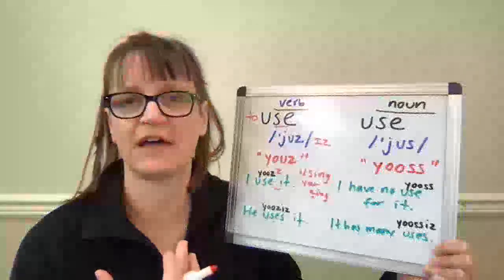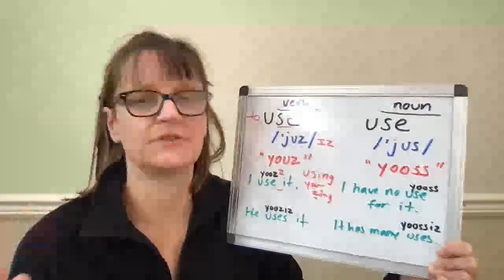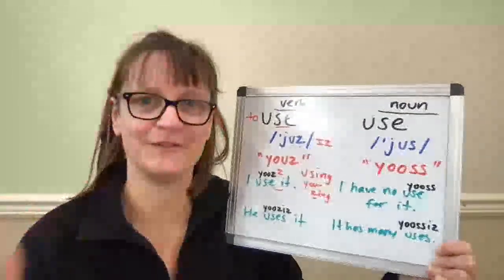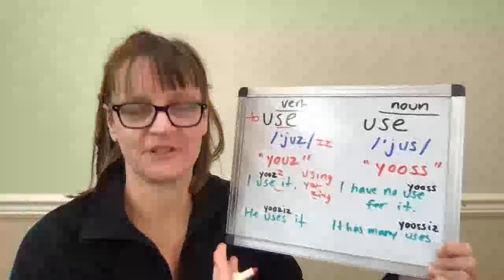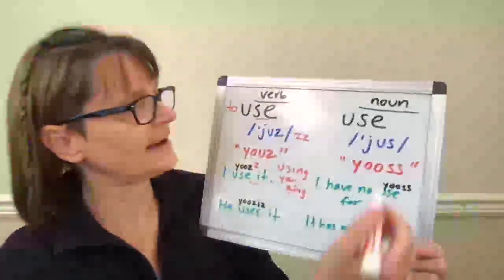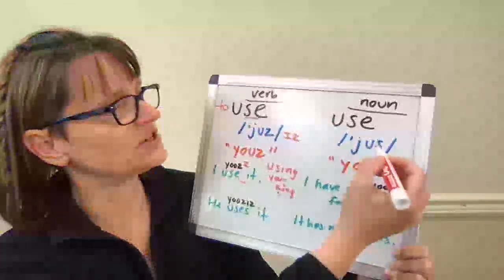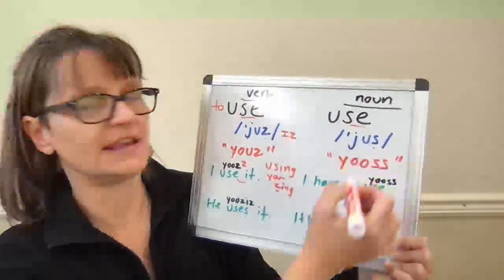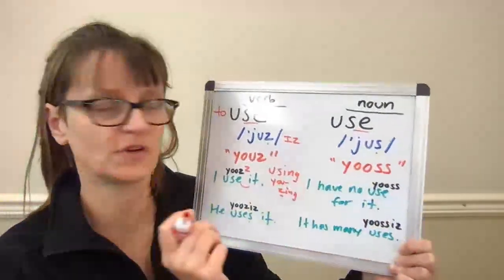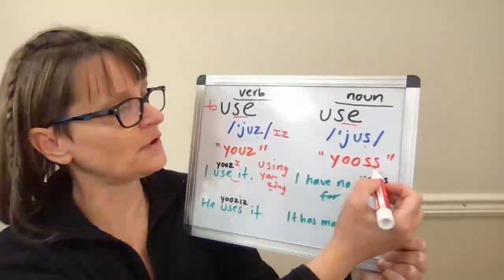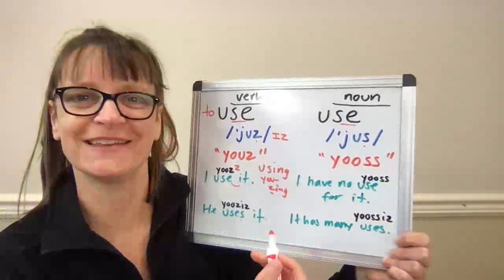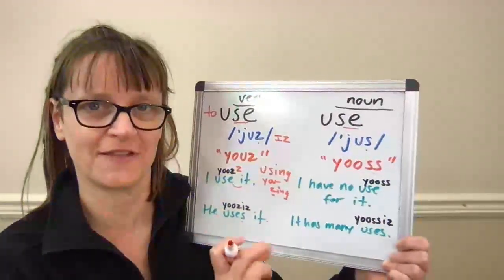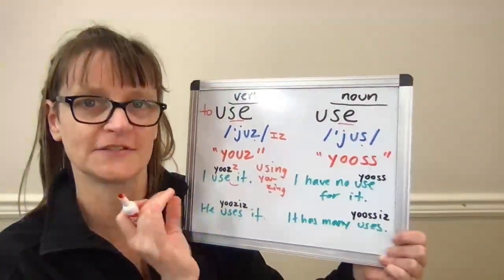We also use that for the use of subtitles, the use of English, etc. And in that case, we change the pronunciation, and our letters SE say the S sound, the S, voiceless sound, rather than Z. So I wrote that here with two S's because typically when you see two S's, you can count on that being voiceless S sound.